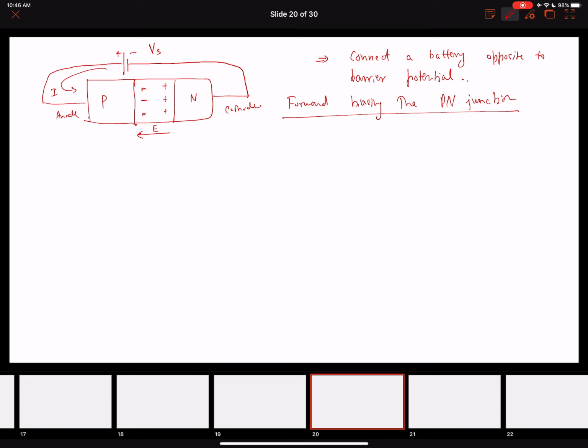Now, if you look at the potentials closely, the Vs is in the direction that subtracts the barrier voltage. Let's call the barrier voltage V0.